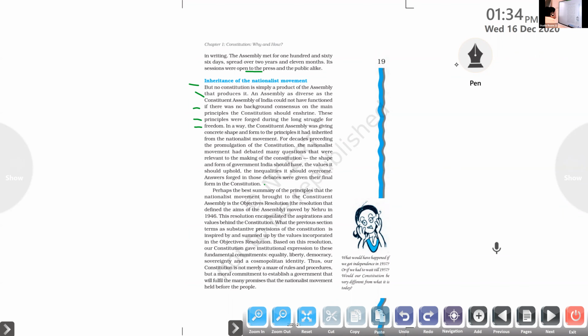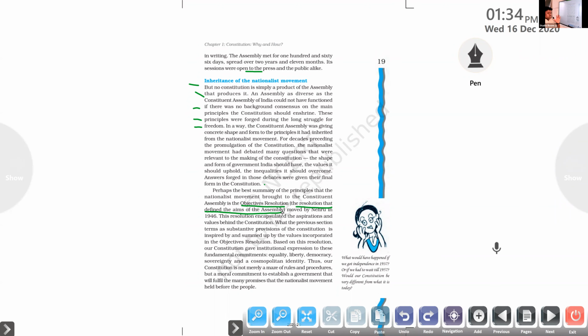Perhaps the best summary of the principles that the nationalist movement brought to the Constituent Assembly is the Objectives Resolution, the resolution that defined the aims of the assembly. So an objectives resolution is nothing but a type of rule or regulation that defines the aims and goals of the assembly. Clear or not?